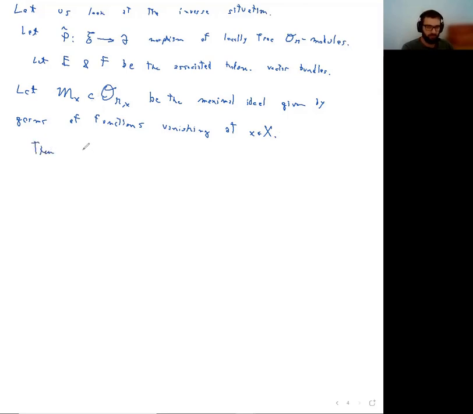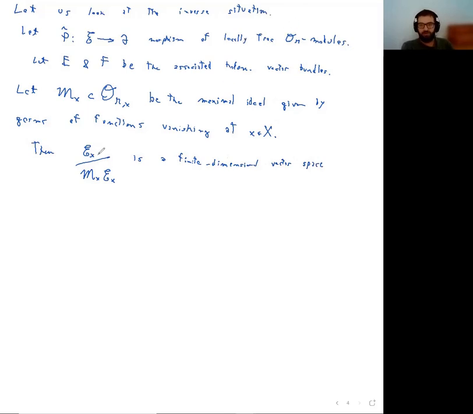And you know, when we have a module, we can also consider the ideal of the ring times the module. So like this. This is a finite dimensional vector space. And why is it finite dimensional? Because this is locally free.